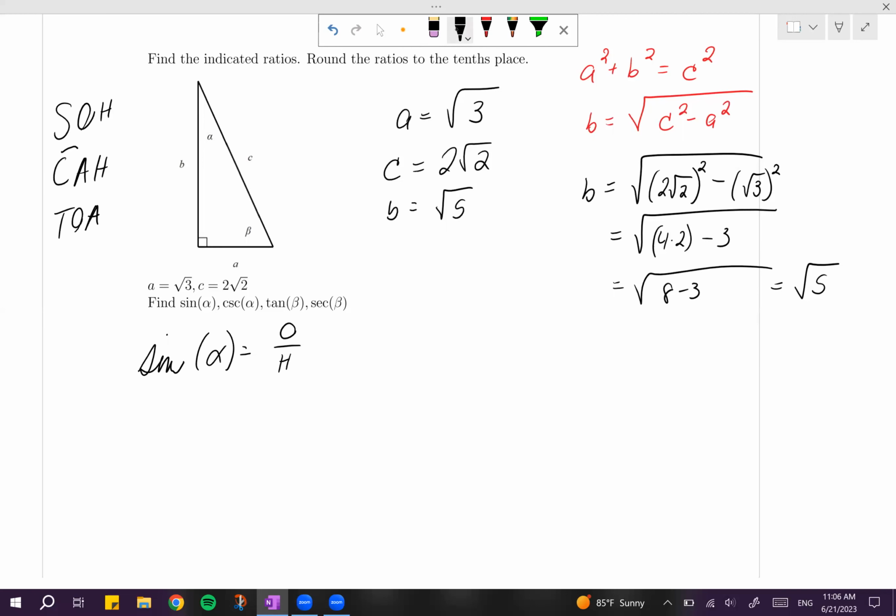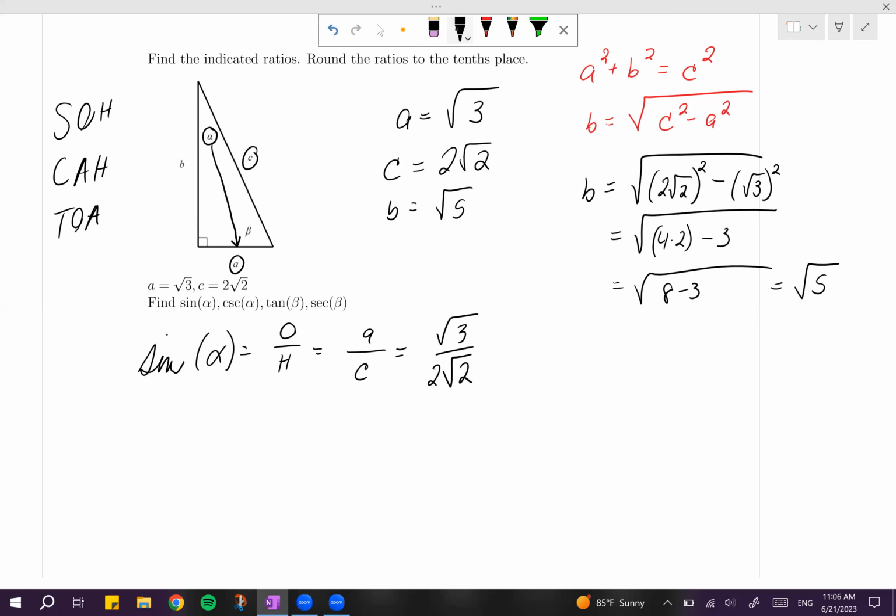Cosine is adjacent over hypotenuse. Tangent is opposite over adjacent. And because we're looking at alpha, the opposite side is this side A, and our hypotenuse is always going to be this C. Right? So side A over side C. Side A is square root of 3, and side C is 2 times the square root of 2.